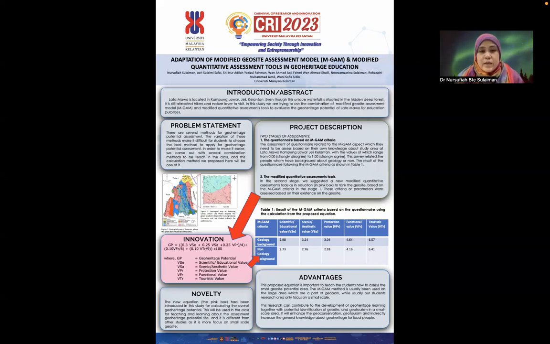So we can conclude that our public is already educated about geoheritage or geosites. However, sometimes they cannot differentiate between the scenic or aesthetic value of the area and the functional value for certain areas of the geosite. The novelty is the equation itself, the modified quantitative assessment tools, the new equation proposed in this study to calculate the overall geoheritage potential.